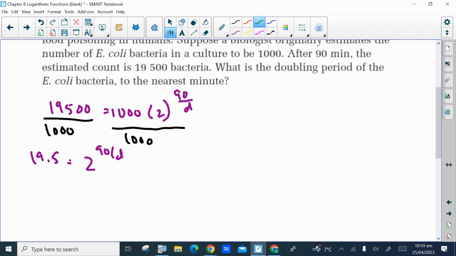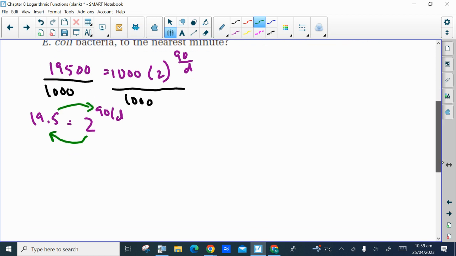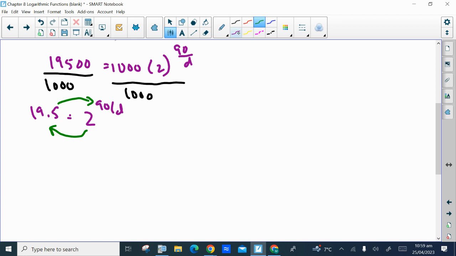And we will solve this by converting from exponential to logarithmic. We'll start with the base and cycle through. The bases are the same, so it'll be log base 2. As you cycle through, it tells you the order the other pieces are written in.